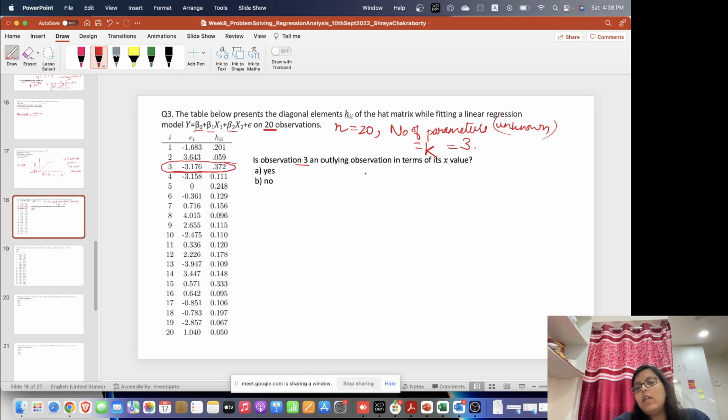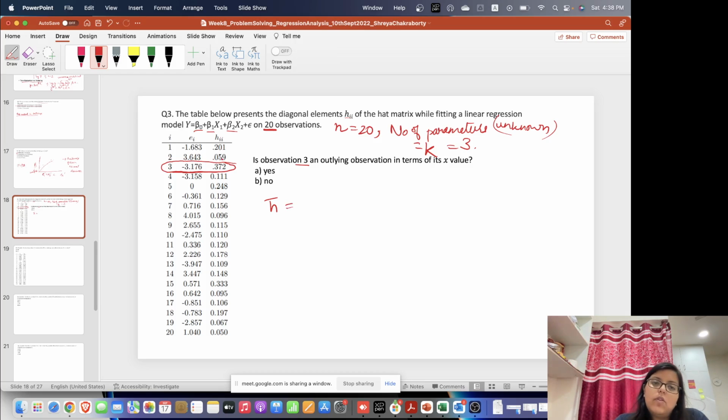If it is an outlying observation in terms of its x, it means whether it's a leverage point or not. In order to calculate if it's a leverage point or not, we have to compute h bar.